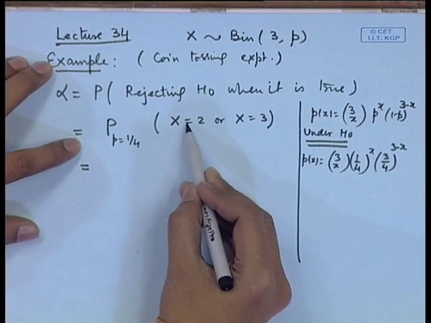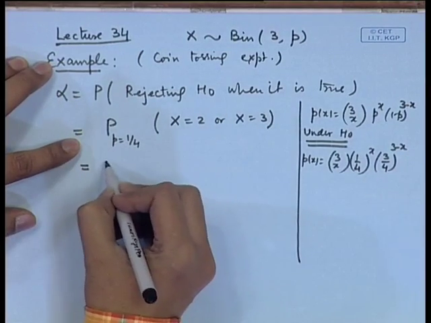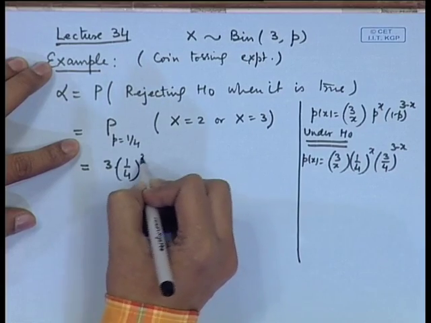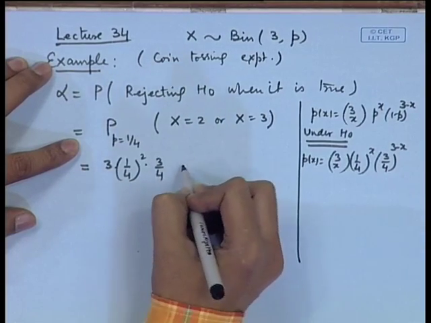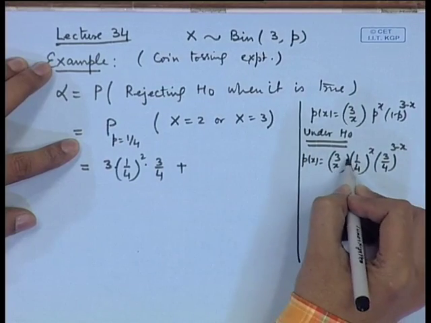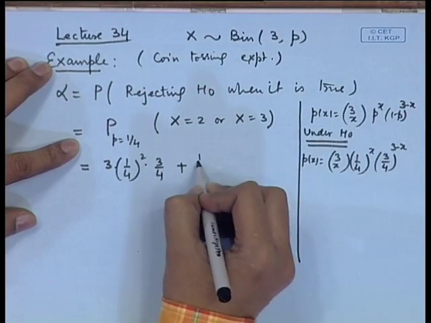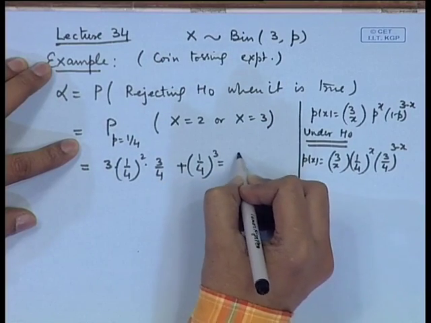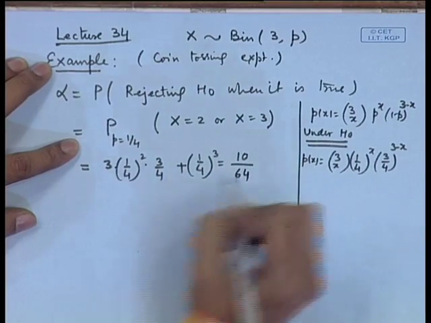So, when I substitute x is equal to 2 here, I get 3 into 1 by 4 square into 3 by 4, plus, when I put x equal to 3 here, this is simply reducing to 1 by 4 cube. So, that is equal to 10 by 64.